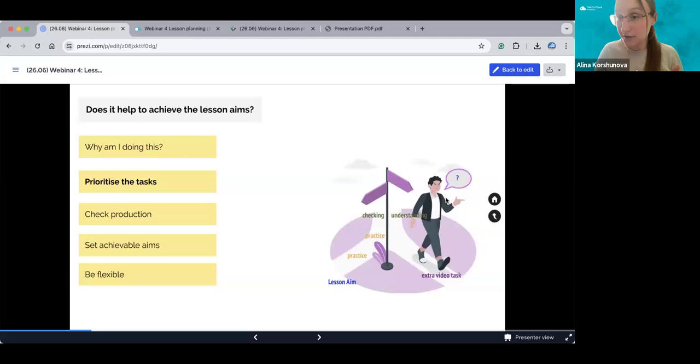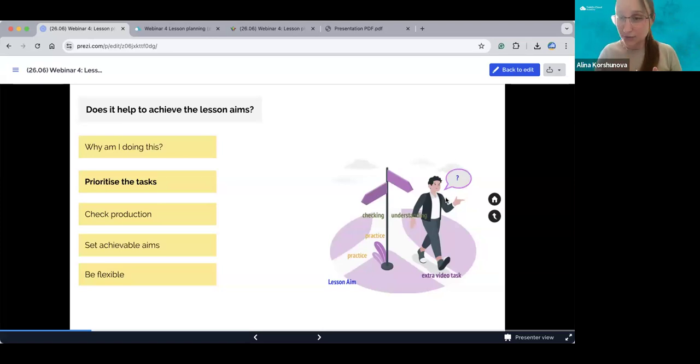Then learn how to prioritize. If you have only 60 minutes, but the book or the materials that you are using give too many tasks for 60 minutes, probably you will need to prioritize. You will need to plan which tasks might be skipped, but which tasks should be done 100%.